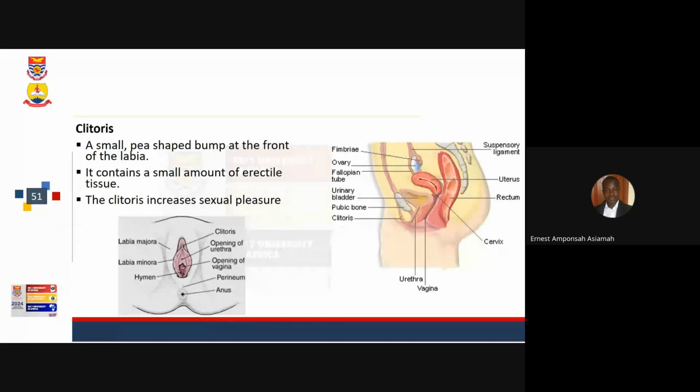But with our traditional setting, sometimes you just don't know where they get all those notions from. It is the influence of men. They would usually discourage the use of soap. Ladies are discouraged from using soap to wash their vagina.